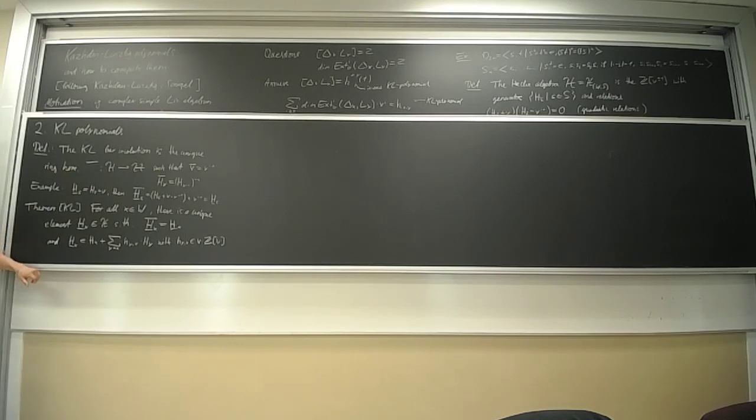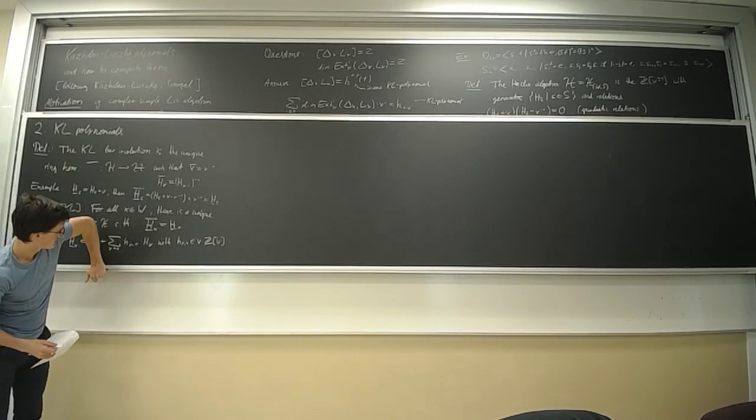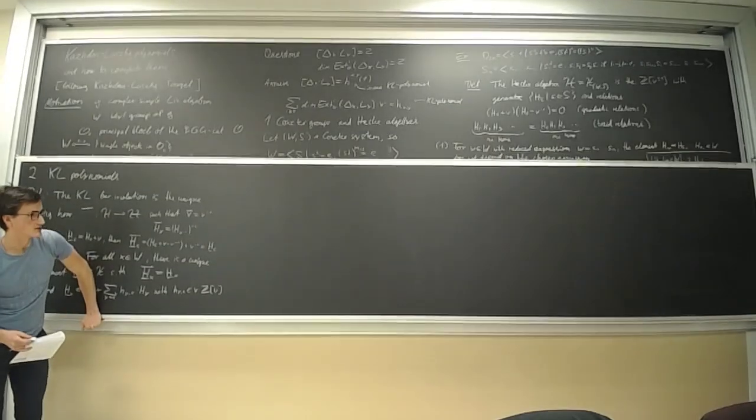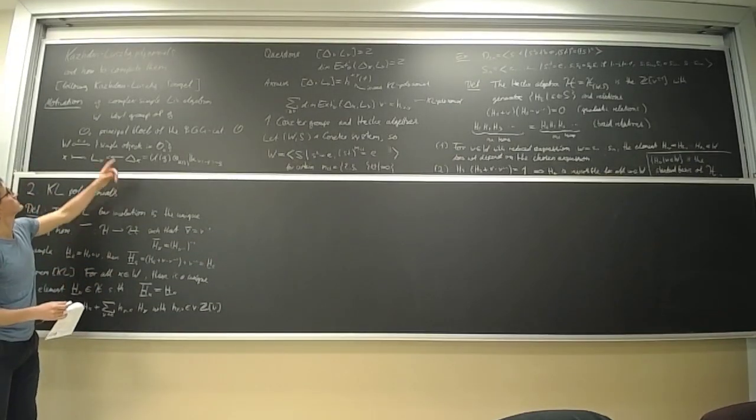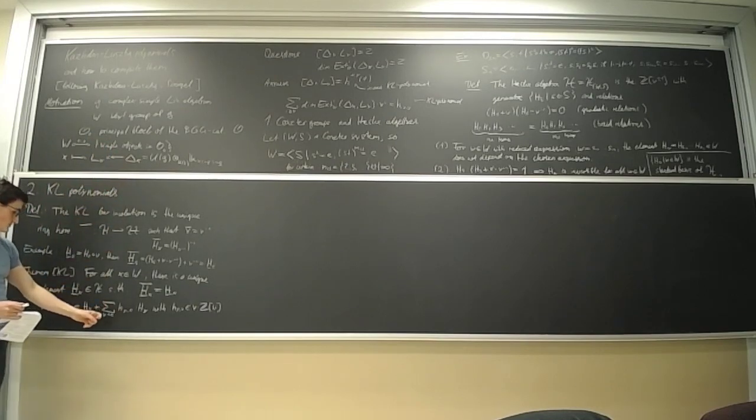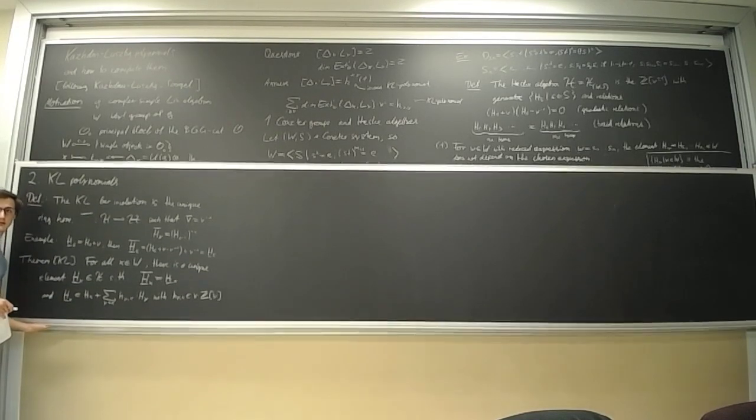Right. And it's not a coincidence that I chose the same notation as in the introduction. These polynomials h_{y,x} are actually the Kazhdan-Lusztig polynomials that we're looking for, and this self-dual basis is the Kazhdan-Lusztig basis.